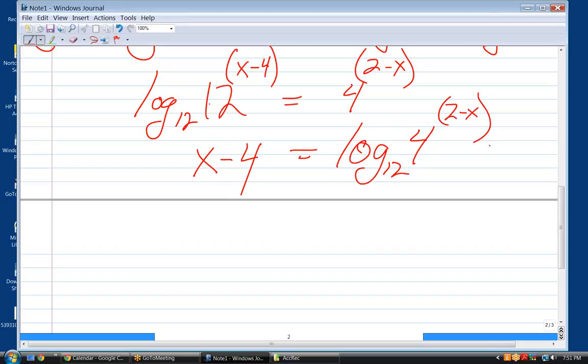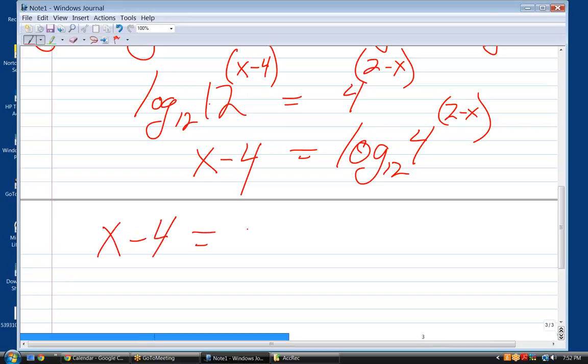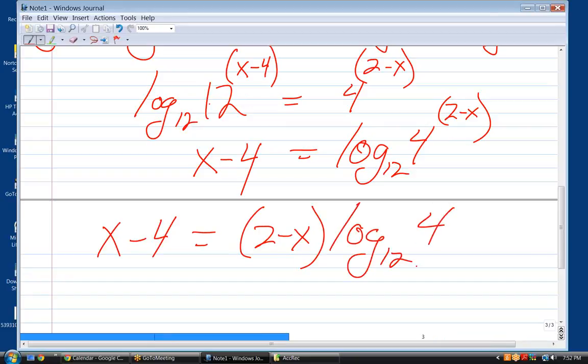With that, are you going to have to put it in exponential form? No, but you're going to have to use the change of base formula. If I do it this way, I'm still going to bring my 2 minus x down on the line. So I'm going to get here. But now what do you do with this?